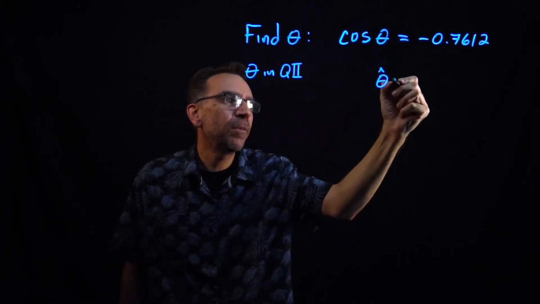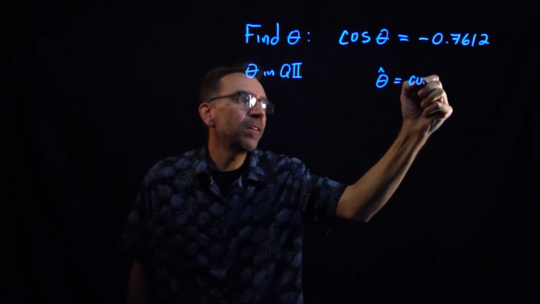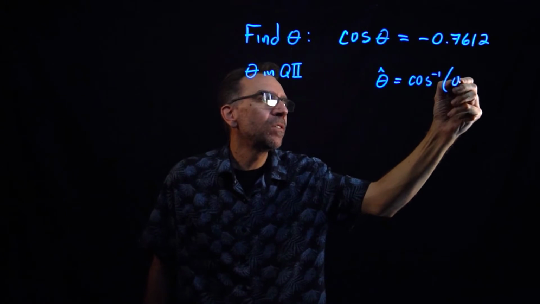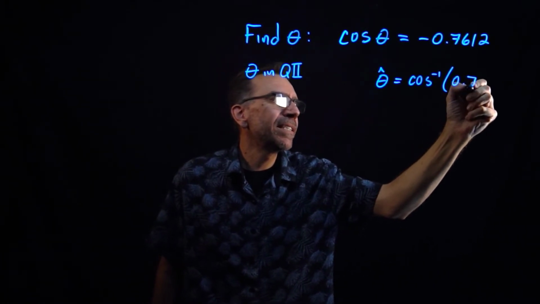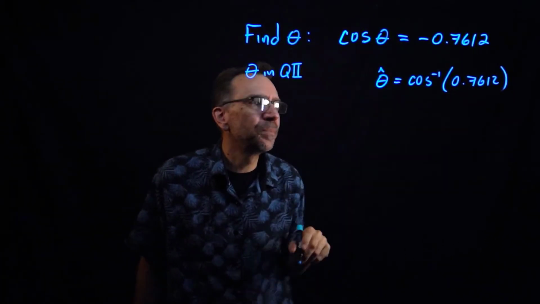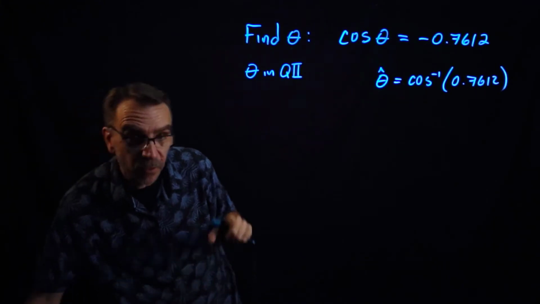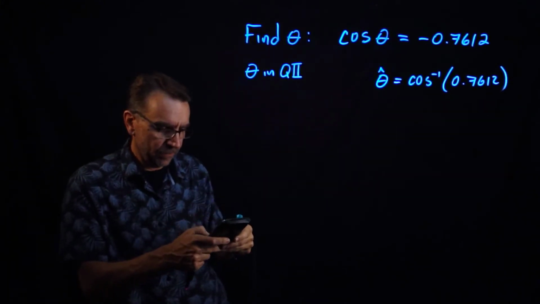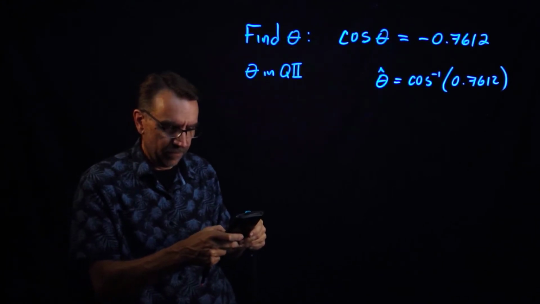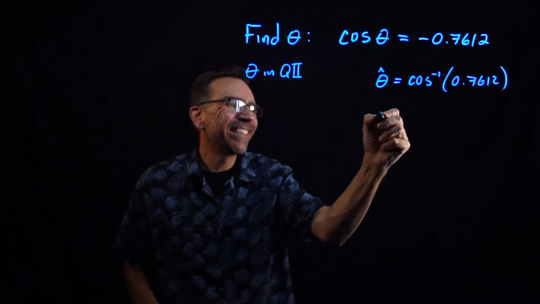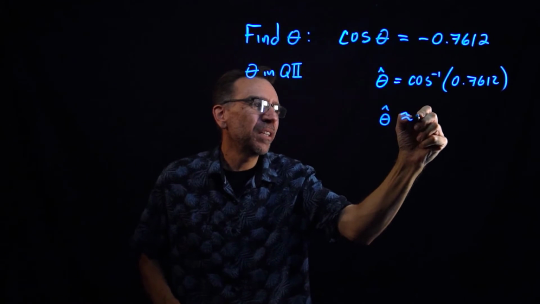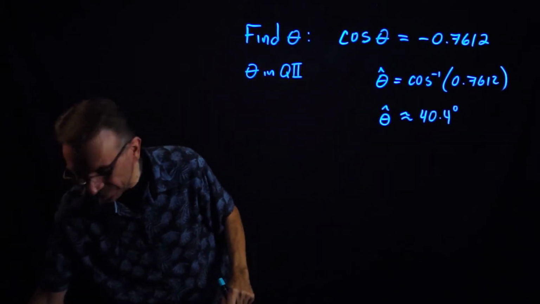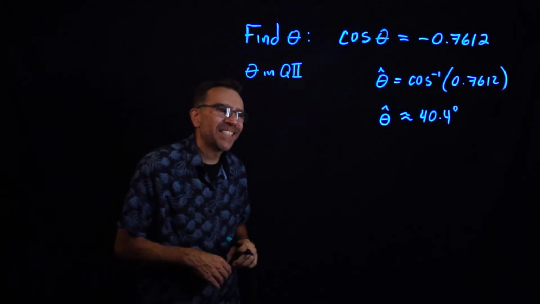I'll find that reference first by taking cosine inverse of the absolute value of that ratio, 0.7612. With my calculator in degree mode, I get approximately 40.4 degrees. So that's the reference angle.